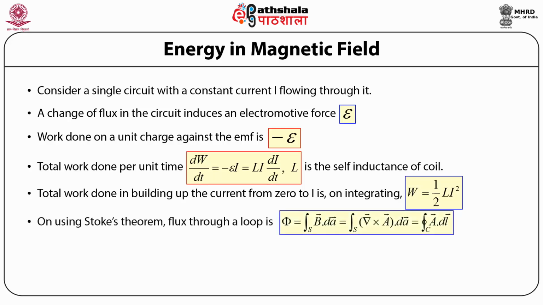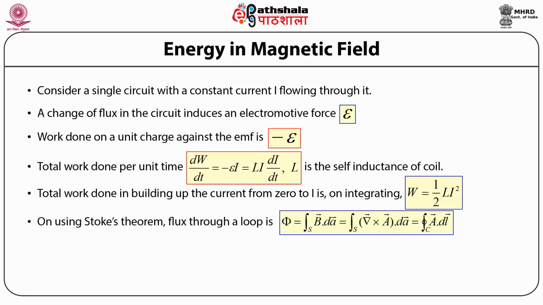Now using the Stokes theorem, we know that the flux of the magnetic field through this current loop is given by phi is equal to the surface integral over the element area dA of the magnetic field induction vector B dot dA vector.